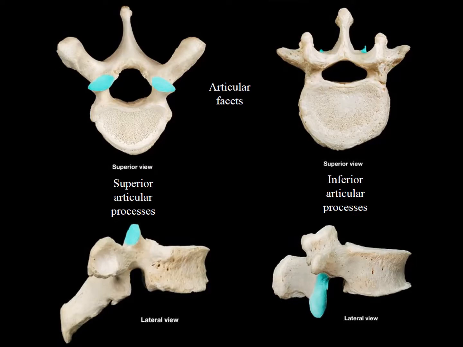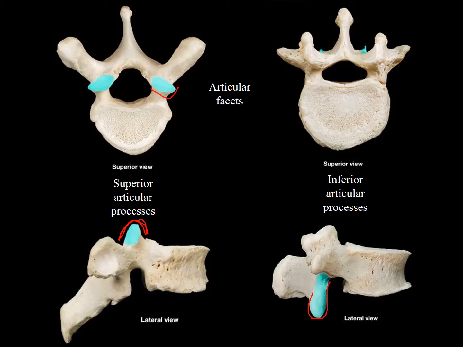Now we're looking at a superior view, and on the superior view as well as the lateral view, we can see this upward projection. This one's coming up at us and this one's going up in front of us. That is called the superior articular process. Now if we have a superior articular process, by default we will also have an inferior articular process. And that one is best seen on this lateral view right here.